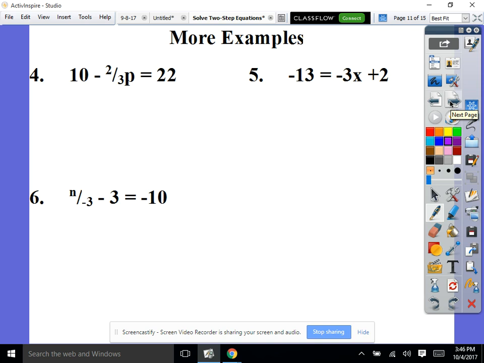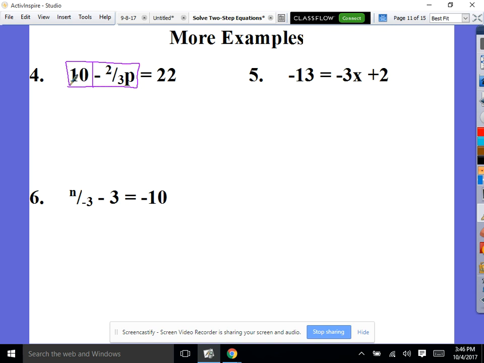More examples. All right, this one's kind of tough. We're still going to subtract 10. That leaves us with negative 2/3 p equals 12. This is the first time that we've had something besides a 1 in our numerator.